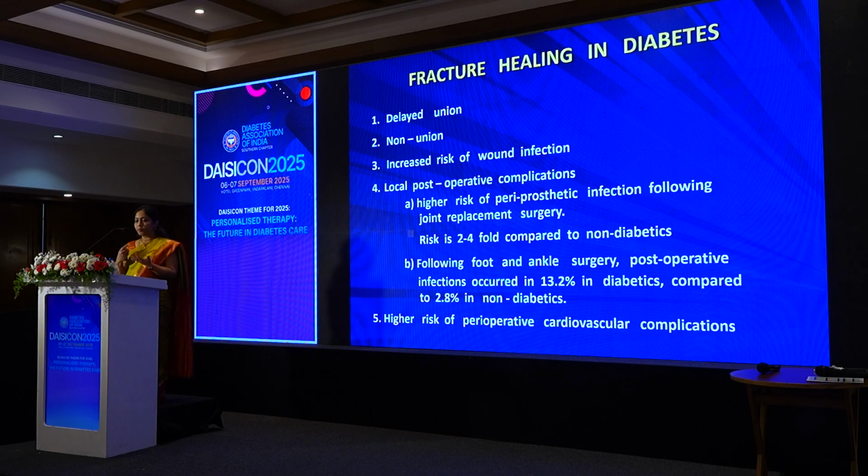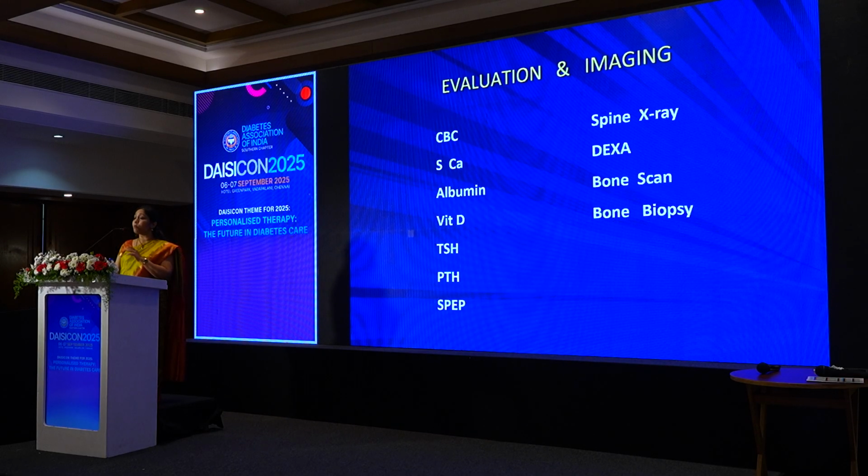We all understand problems with delayed union, non-union, and perioperative complications. People have a lot of cardiovascular issues; it is not easy to operate on a 70-year-old diabetic with a cardiovascular comorbidity for a fractured femur. There are so many things that happen in the pre- and post-operative period. So definitely the morbidity is much more.